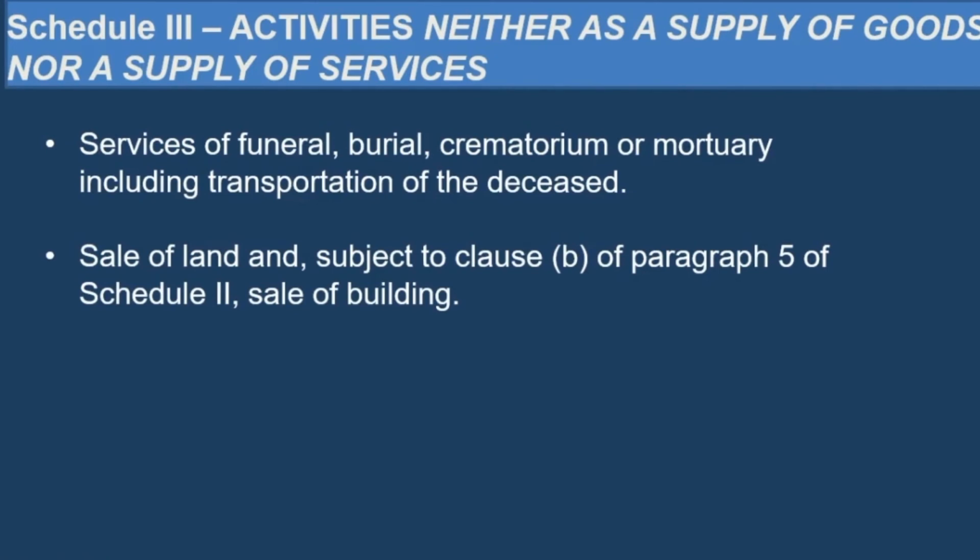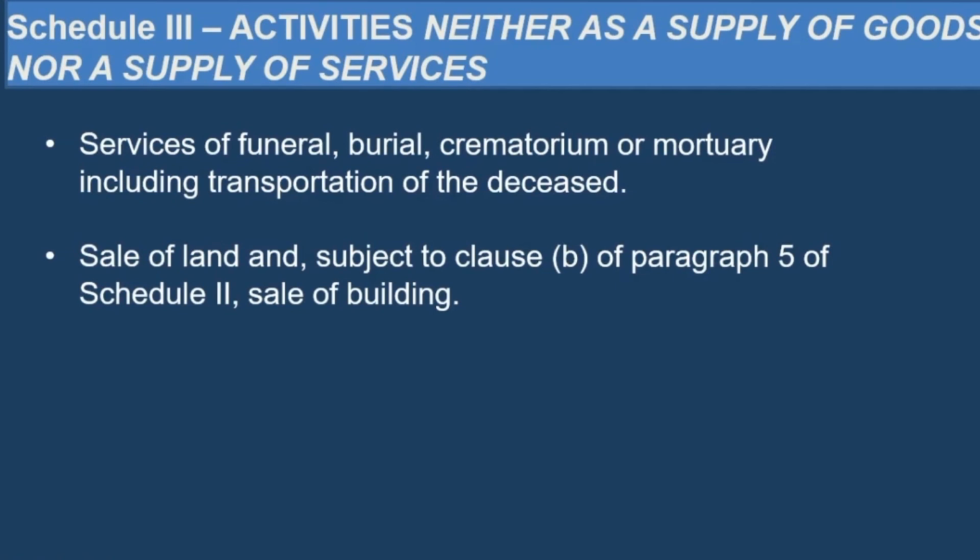If you remember the discussion, a builder is constructing a complex that is under construction, and he sells a flat and receives advance before even giving the possession. So that was taxable as a service. So subject to this, other sales of buildings are not supply of goods or services.